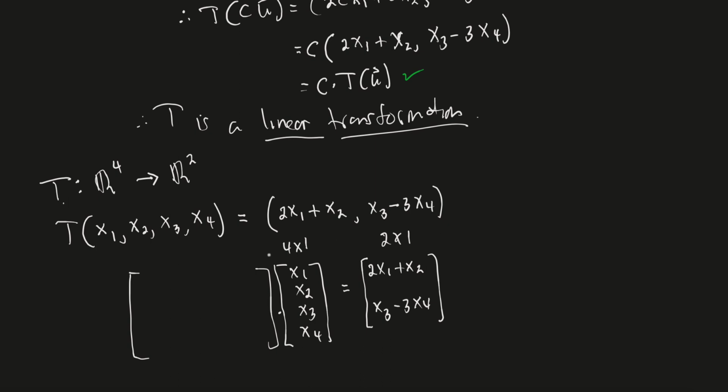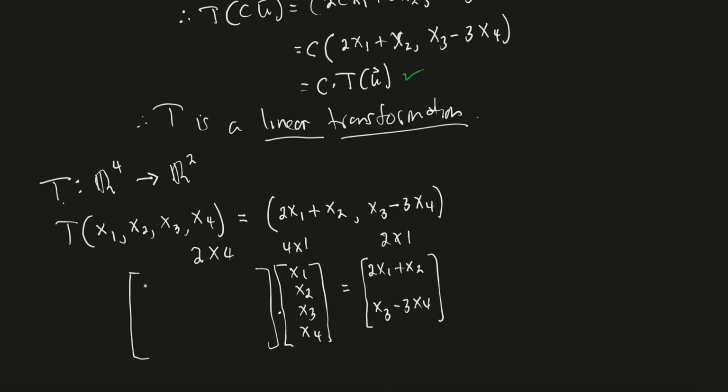Well, let's think about it. In order for this product to work, my matrix will have to have 4 columns, so it will have to be something by 4. But then if I want the answer to be a 2x1, then this matrix will have to be a 2x4, right? So we need a 2x4 times this 4x1 to give me a 2x1.